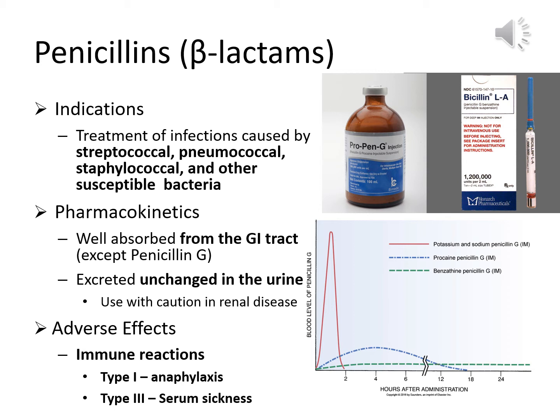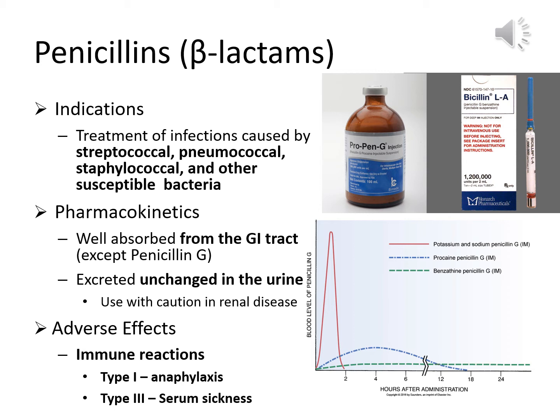The red line peaks up very quickly, within an hour. We have a very high concentration in the blood, but then it diminishes very quickly as well. It's almost gone by 2 hours. With the IM injection of procaine penicillin G, it peaks at about 4 to 5 hours, at a much lower level than the salt did, and maintains pretty good concentrations out to the 12 to 18 hour range.